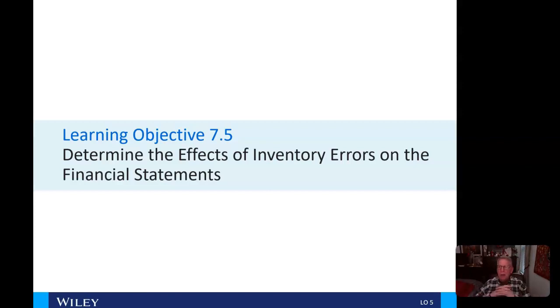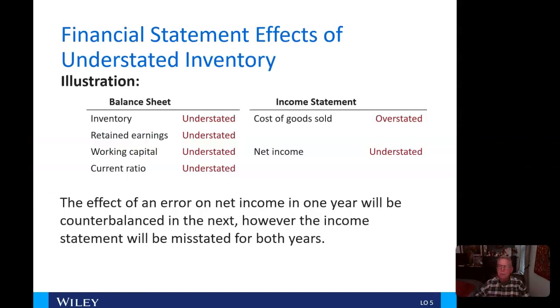Okay, so now we'll take a look at determining the effects of inventory errors on financial statements. And here, you'll remember that we start with beginning inventory plus purchases minus ending inventory gives us our cost of goods sold.